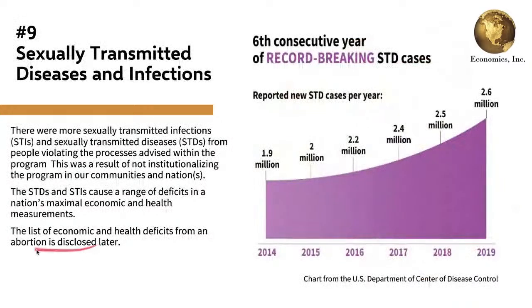Then we stop the actions that cause sexually transmitted diseases and infections. So this has been a big problem, as you can see. Look at this. It continues to grow.